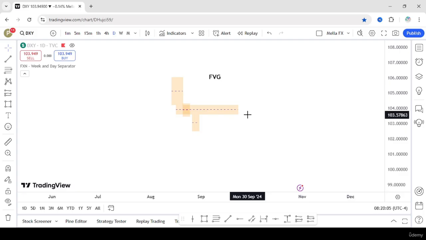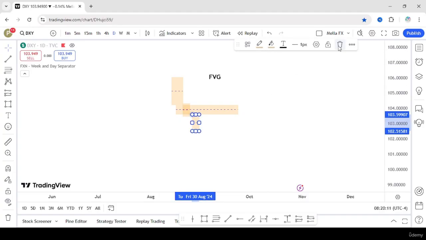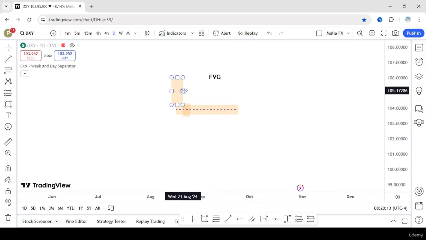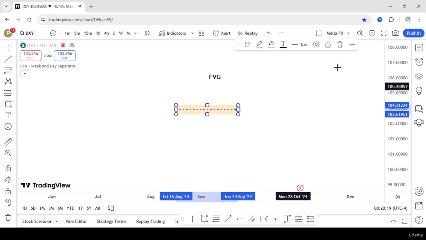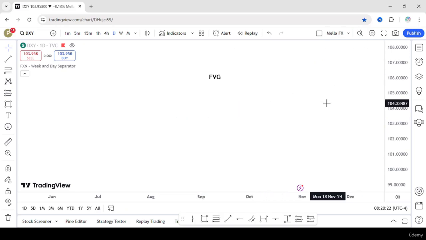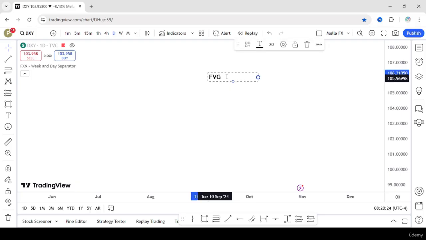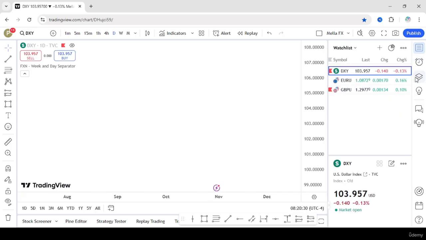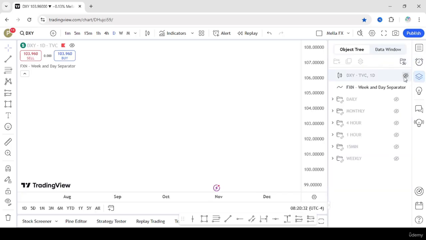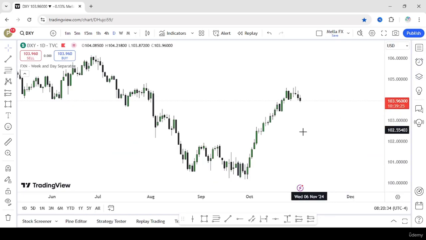So as a trader, for this exercise, you're supposed to go back into your charts, identify fair value gaps, and look at when these fair value gaps are rebalanced. Let's look at an example, but also look at your own examples later on.